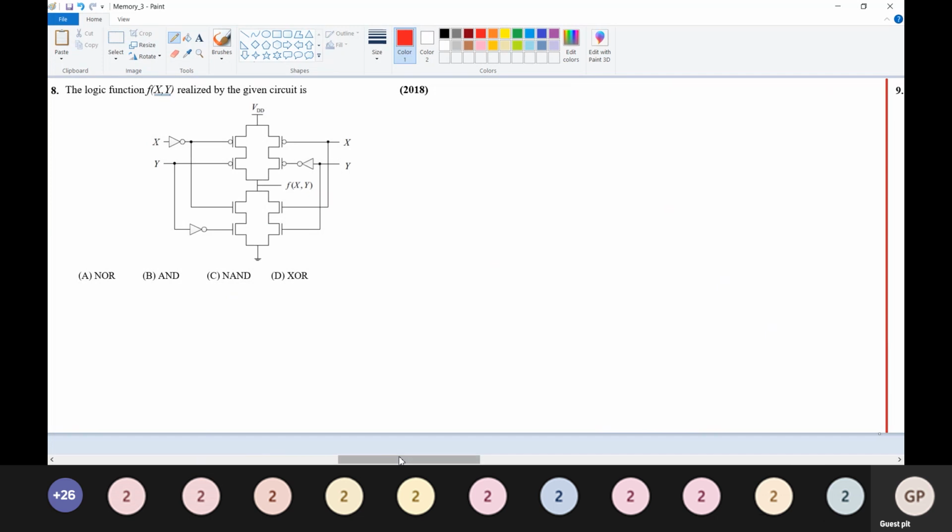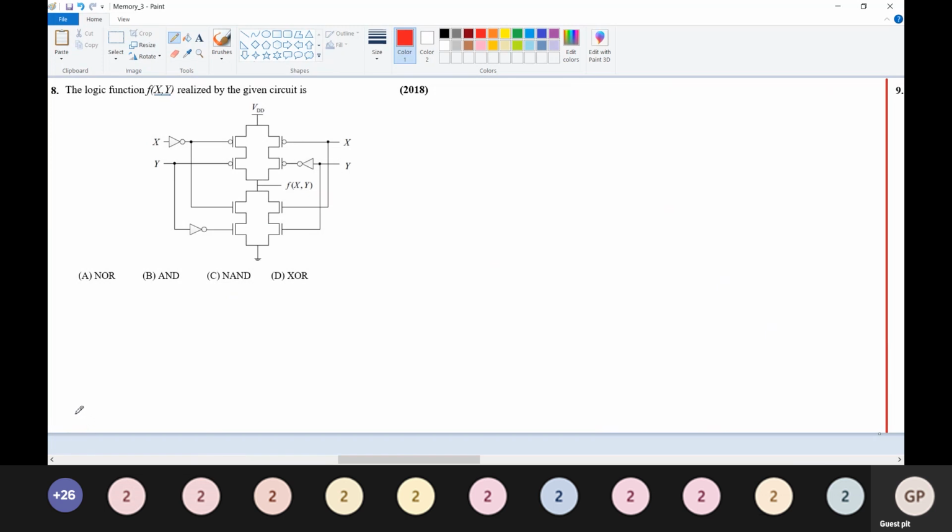Next question: the logic function f of x, y realized by the given circuit is... Similarly, almost the same question. I have to find what logic function this diagram is representing. So now we'll check it out.